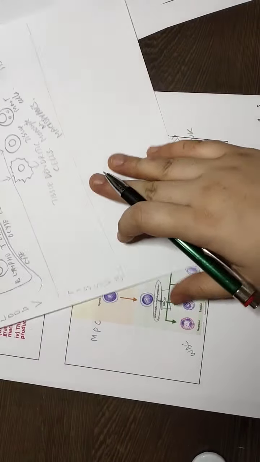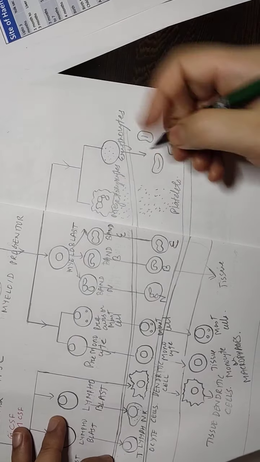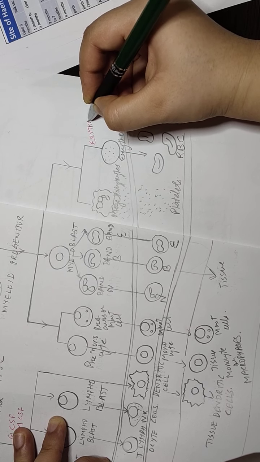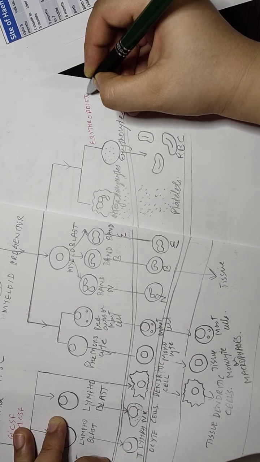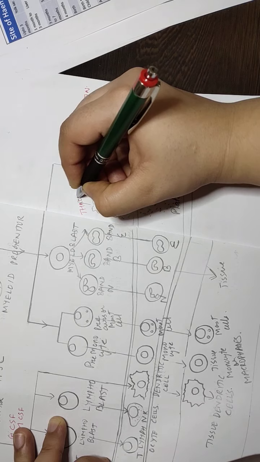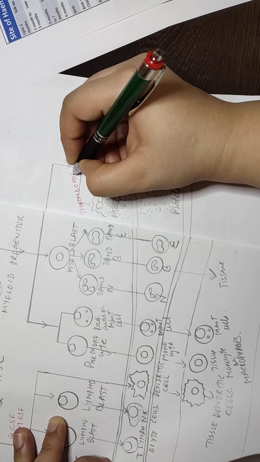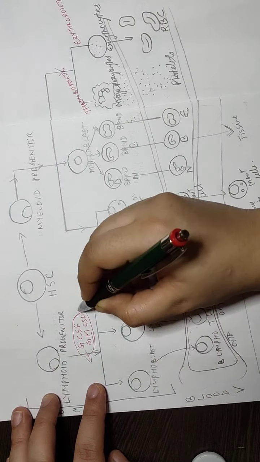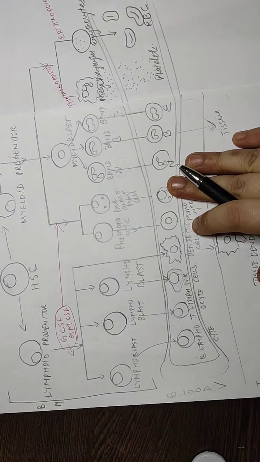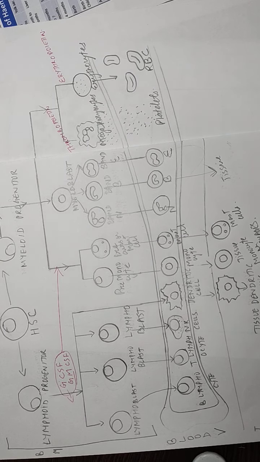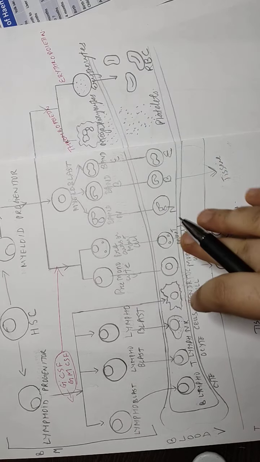For erythrocyte you need erythropoietin, so erythropoietin will come here, and for platelets you will have thrombopoietin. So you understand that these factors will come here as well as in this particular place. So 1, 2, 3, 4. The four factors required for hematopoiesis have also been explained in this diagram.